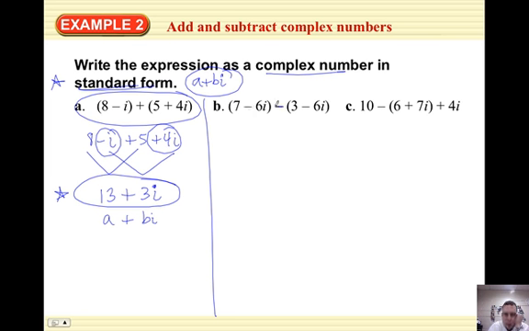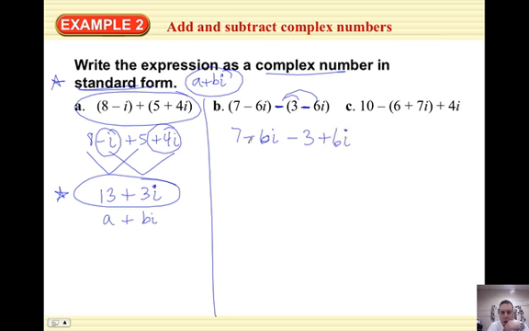Part number 2, we're going to subtract these. Here's a complex number minus a complex number. I would do this: 7 minus 6i, and then subtract these, distributing the negative sign. So minus 3, and then minus a minus 6i, which makes positive 6i.